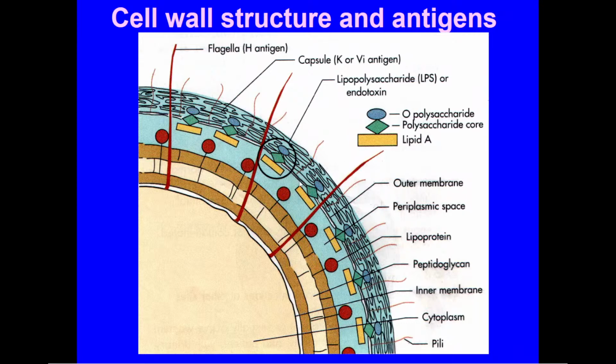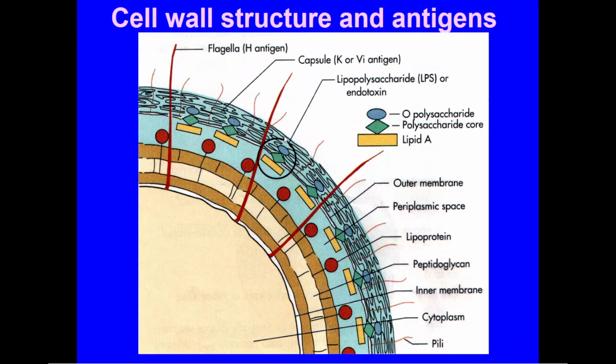Then the polysaccharide core, and then lipid A, the most toxic portion of this structure. Do you remember this structure is also called endotoxin, my dears.